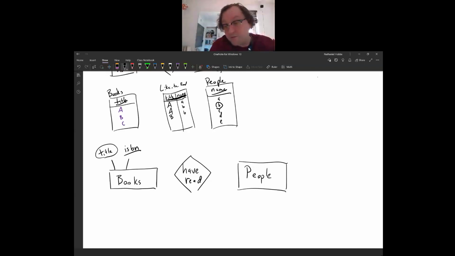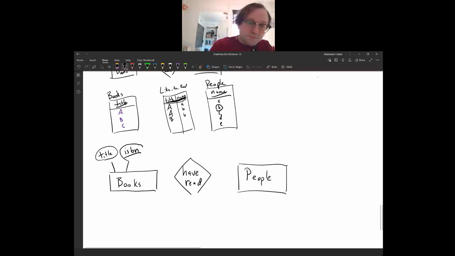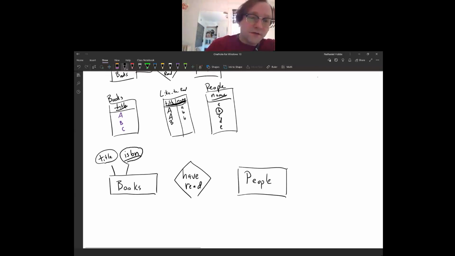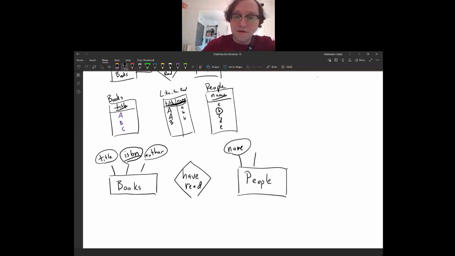ISBN, because you could have a book with the same title, but not with the same ISBN. Title and author, who cares? Okay, people, they have name, social security number, and I don't know, income.